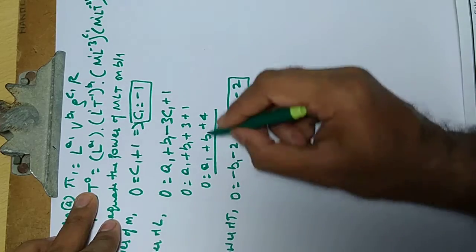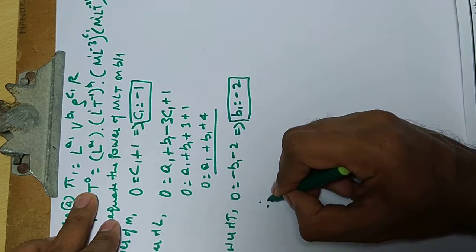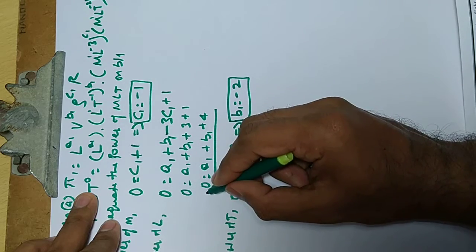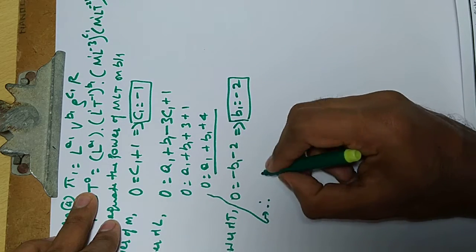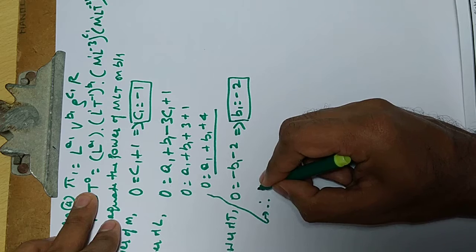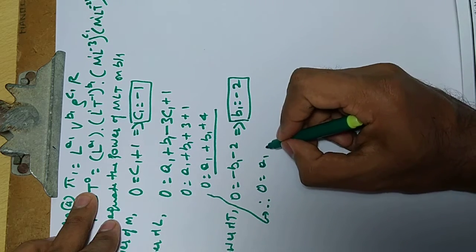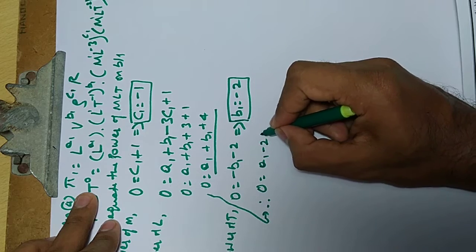Therefore this equation becomes 0 equals a1 minus 2 plus 4.